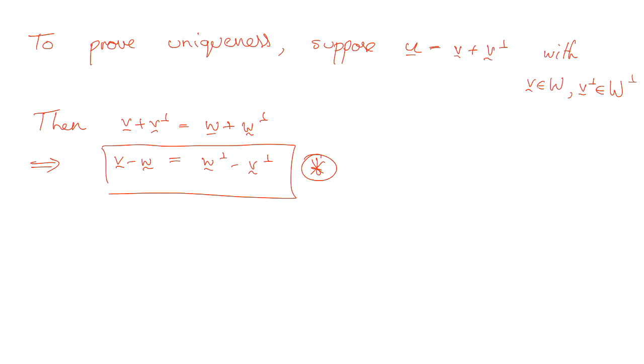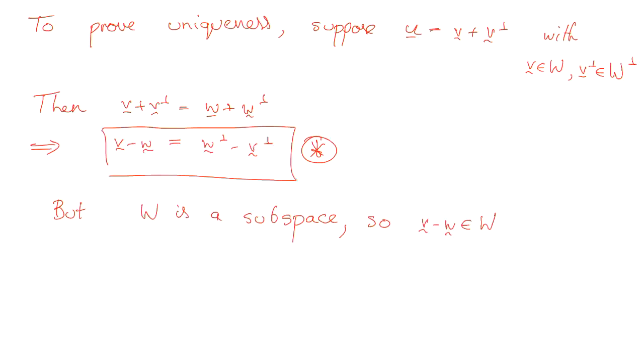Yes, that's exactly right. So because W is a vector space, we know that the left-hand side lives in W, because both pieces live in W, so their linear combination lives in W. So V minus W lives in W.